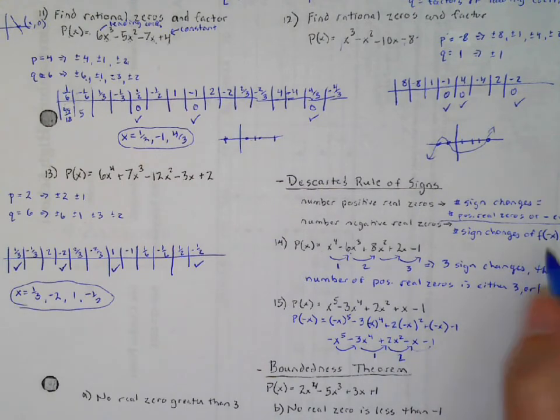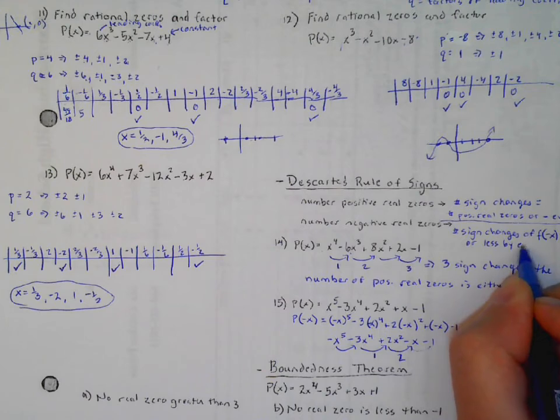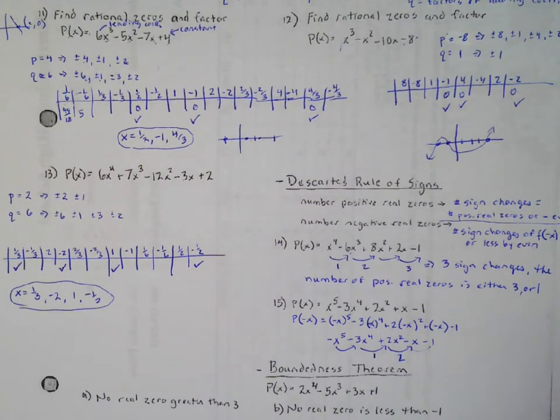The rule of less by an even number also holds here. So this says that therefore there are either 2 or, subtracting an even number, 2 minus 2, 0 negative real zeros. Okay?